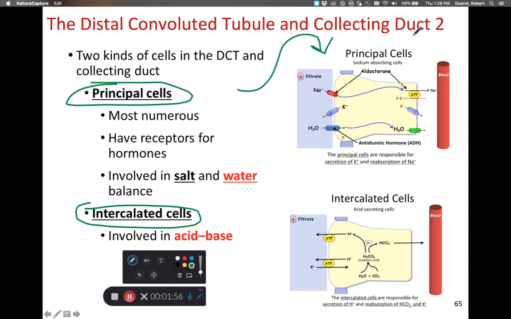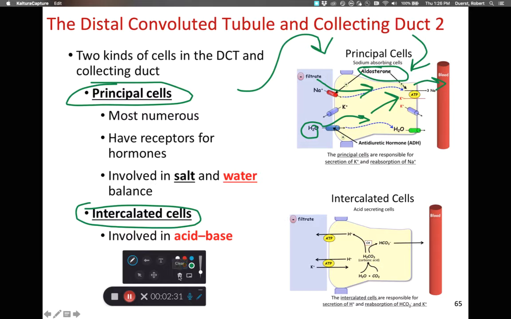So for instance, here is a principal cell. When that principal cell is exposed to aldosterone, it is going to have ATP synthase upregulated, and that's going to cause more sodium to be dumped into the bloodstream. As more sodium is dumped into the bloodstream, that lowers the sodium concentration within the cell, causing more sodium to be sucked up from the filtrate. And as we suck up more sodium from the filtrate, more water will follow that sodium.